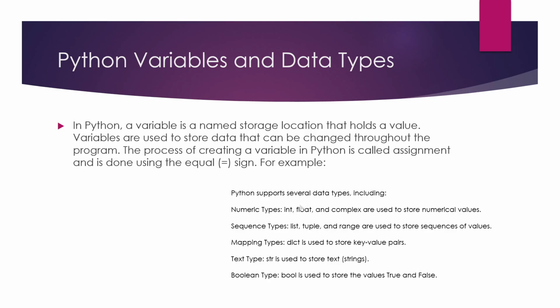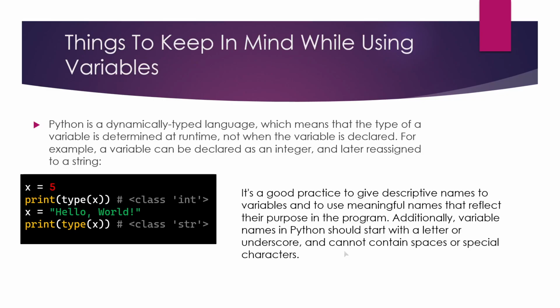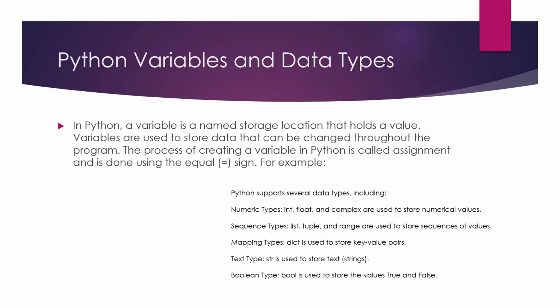Floats have decimal places, integers are whole numbers, and you will learn these later. Then there are mapping types, which are dictionaries, used to store key value pairs. It means there will be one key and one value pair. And also the text type, which is our string. Booleans are true and false. They're used to only store true and false values. And that's it.